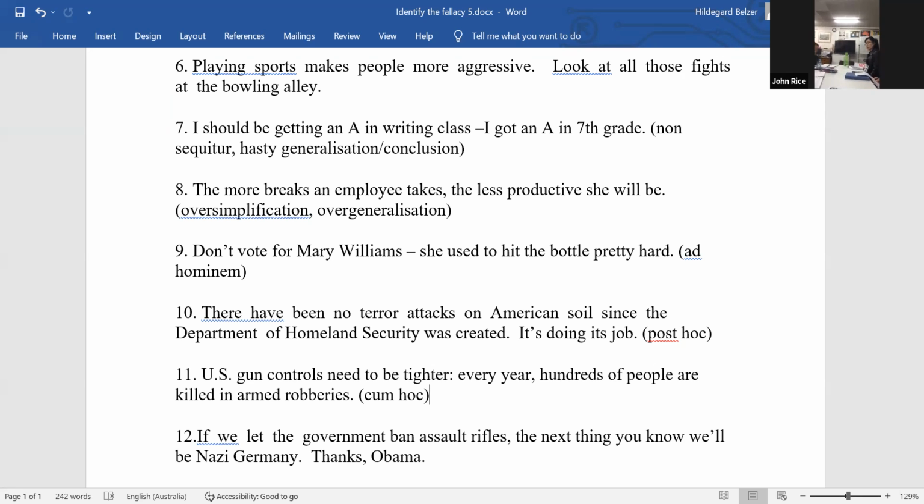Okay. All effects are after causes, aren't they? All effects happen after. But not all things that happen before are causes.